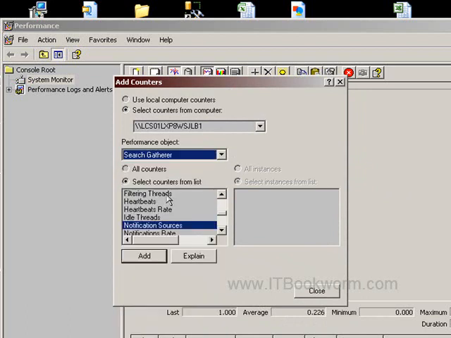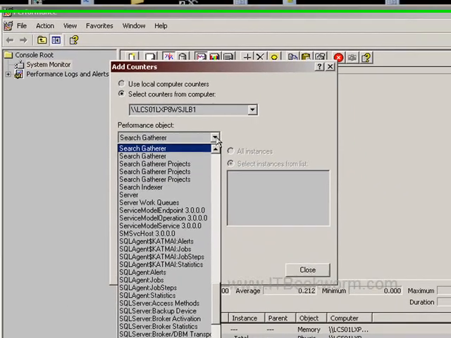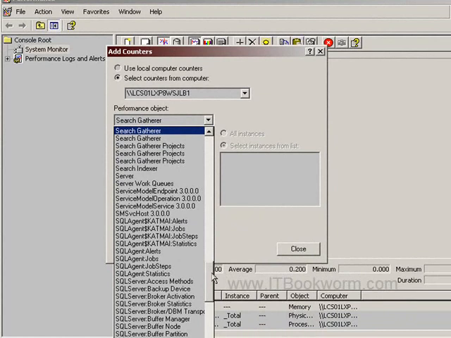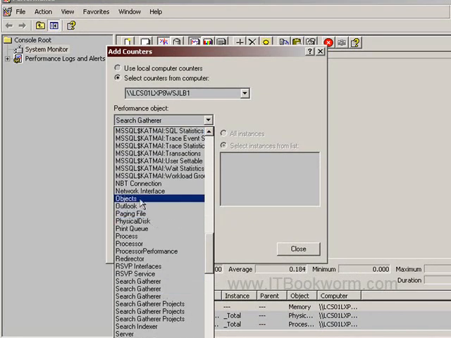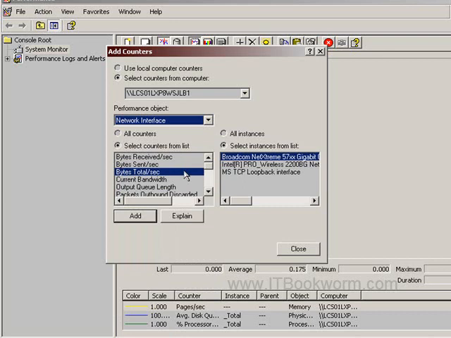What that is, is a suggested general counter for monitoring that class.